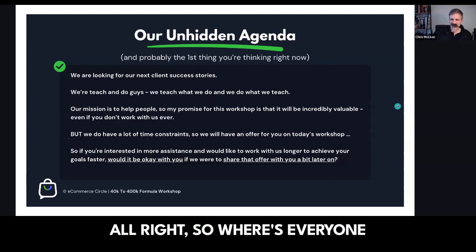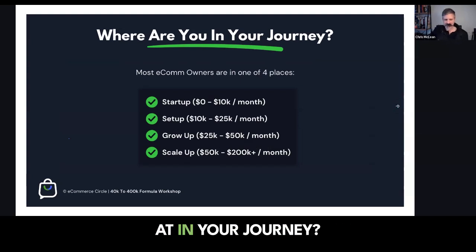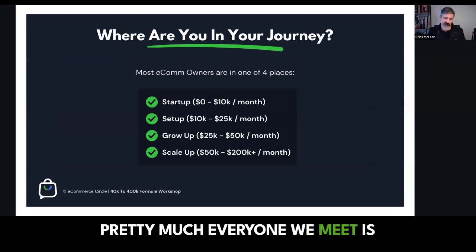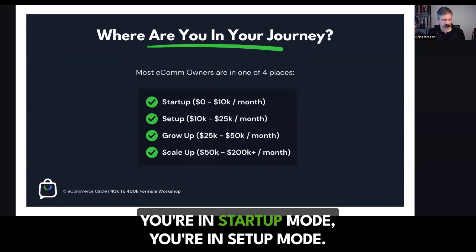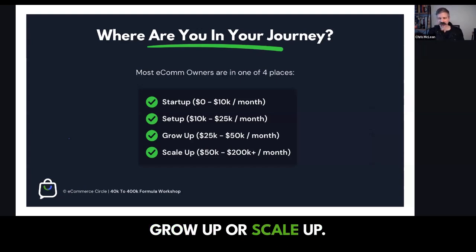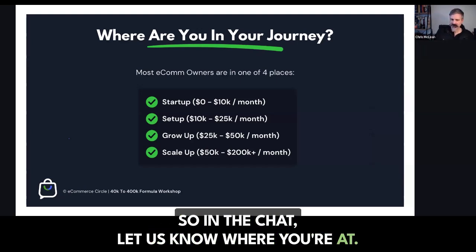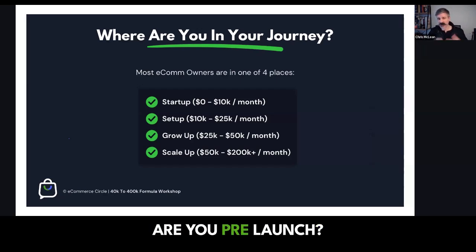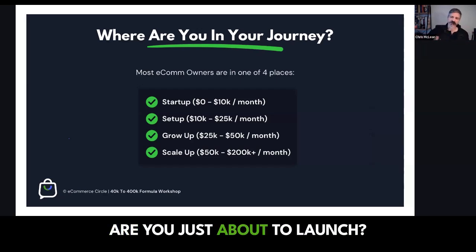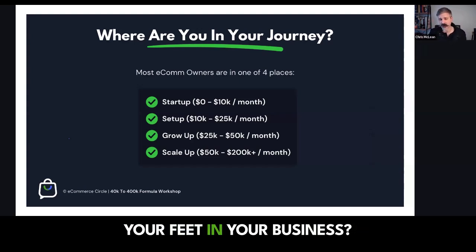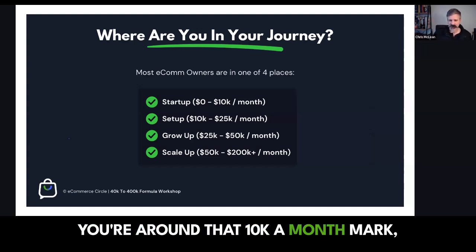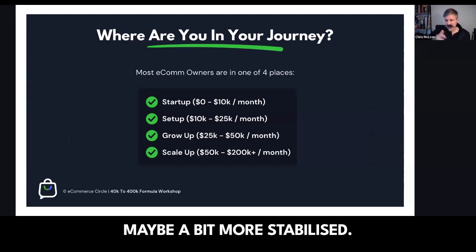All right, so where's everyone at in your journey? Pretty much everyone we meet is in one of these four places. You're in startup mode, you're in setup mode, grow up, or scale up. So in the chat, let us know where you're at. Are you at startup? Are you pre-launch? Have you not launched yet? Are you just about to launch? Are you just finding your feet in your business? You're around that 10K a month mark. Maybe a bit more stabilized.